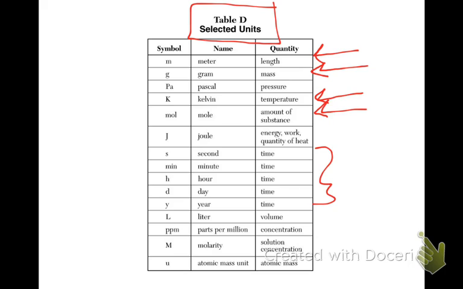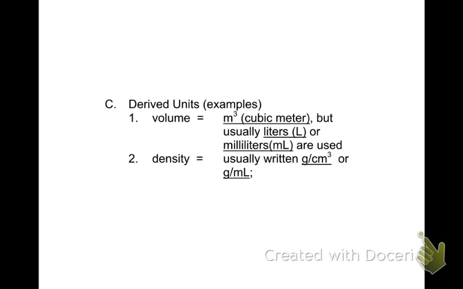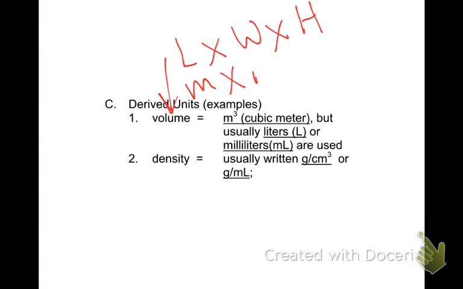If you just get tripped up on what the unit is actually telling you, we also have something known as a derived unit. A derived unit differs from a fundamental unit because a derived unit is something that we have to calculate. So volume, length times width times height, is a derived unit, because we actually calculate it. If we had meters times meters times meters, we would get meters cubed.